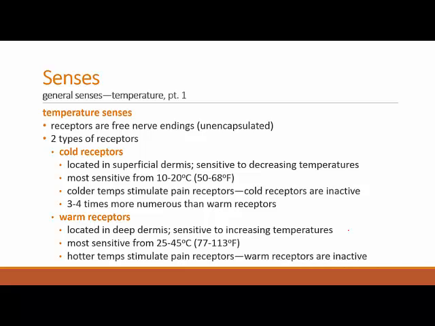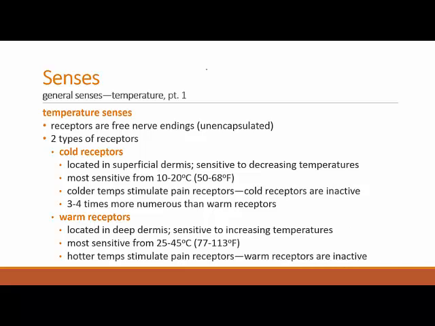The temperature senses are also provided by unencapsulated free nerve endings. There are two types of receptors that provide temperature sensation: the cold receptors and warm receptors. The cold receptors are primarily in the superficial dermis, and they are sensitive to decreasing temperatures.